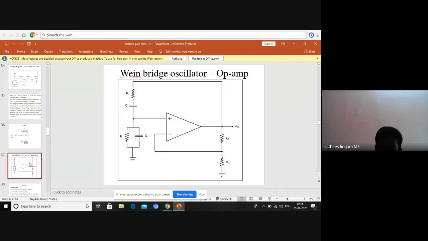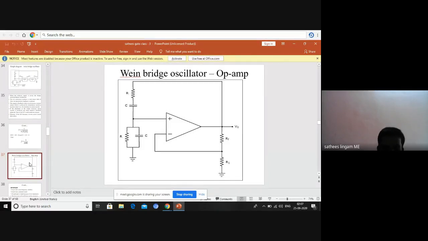Transistors are mostly used for amplifier purposes: the weak signal generated from our oscillator circuitry should be amplified and given as an amplified output. Instead of the transistor, we can go for an operational amplifier also.